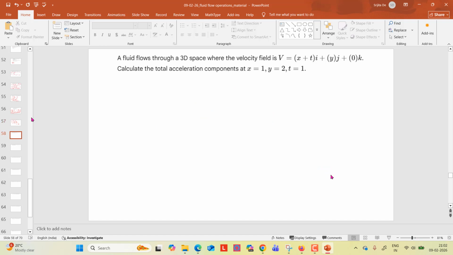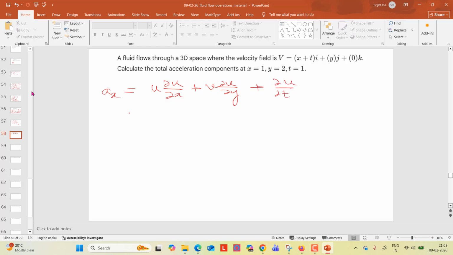A fluid flows through a 3D space where the velocity field is this. Calculate the total acceleration components in x, y, and t. So ax is u del u del x plus v del u del y plus del u del t.